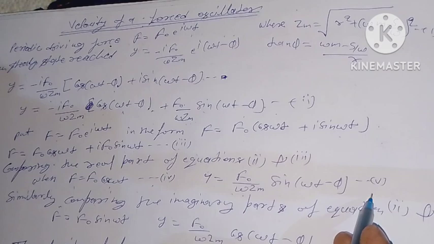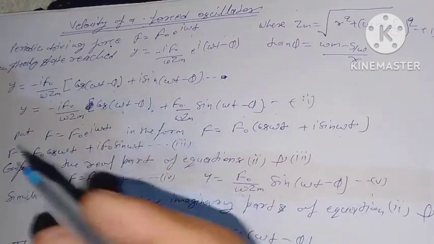The velocity of a forced oscillator is defined as the rate of change of displacement with time.